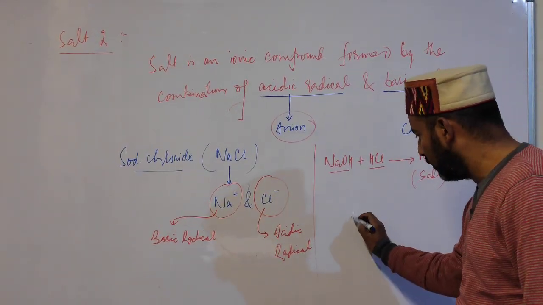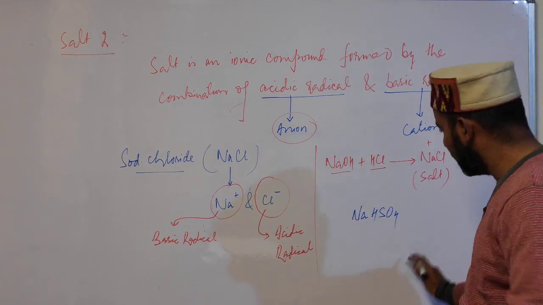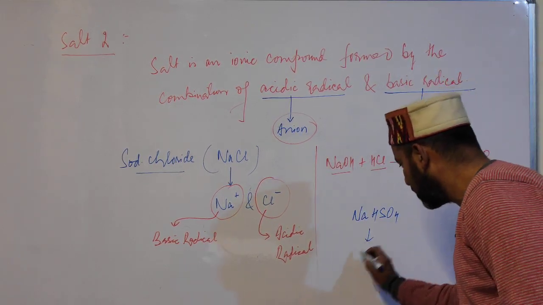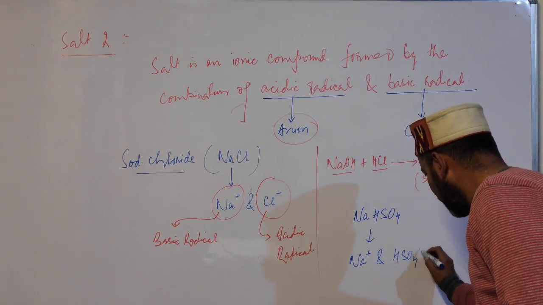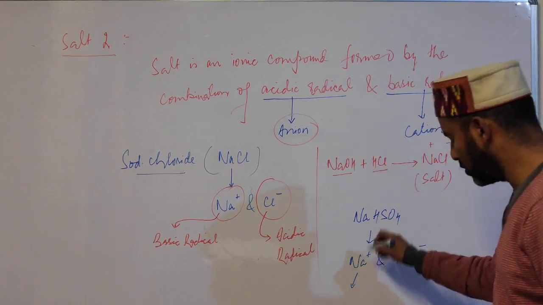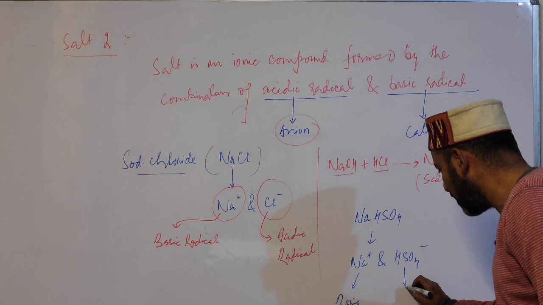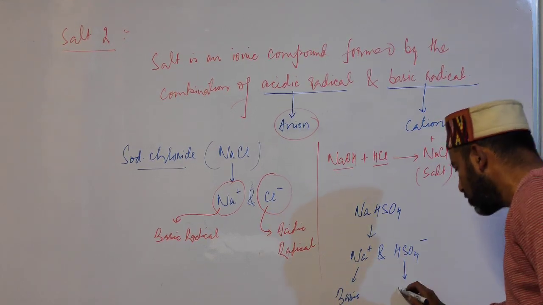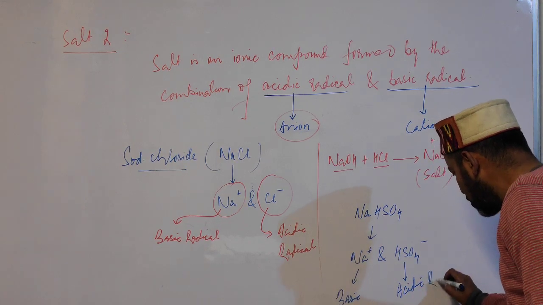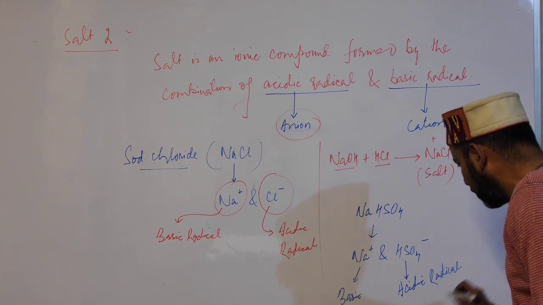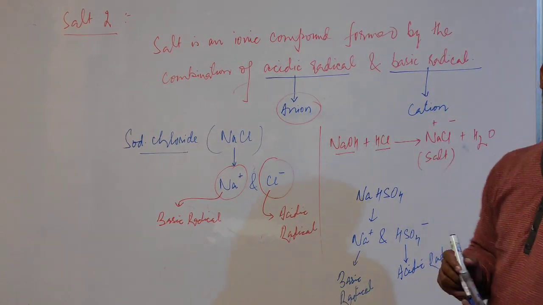For example, say the salt sodium hydrogen sulfate, which is formed by complete replacement. Now students, see, this salt has 2 radicals, sodium and HSO4 negative. So this is the cationic part, so we call it the basic radical, and this part is anionic, so this comes from the acid, so it is called the acidic radical. So every salt is actually a combination of 2 radicals, acidic and basic radicals.